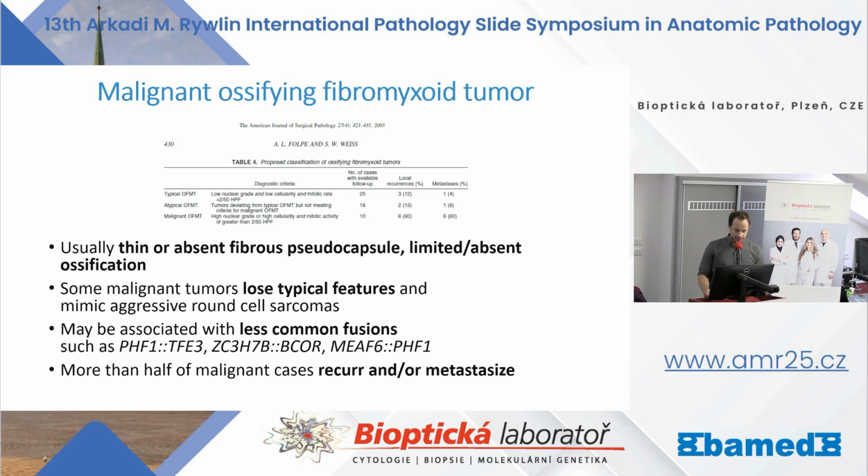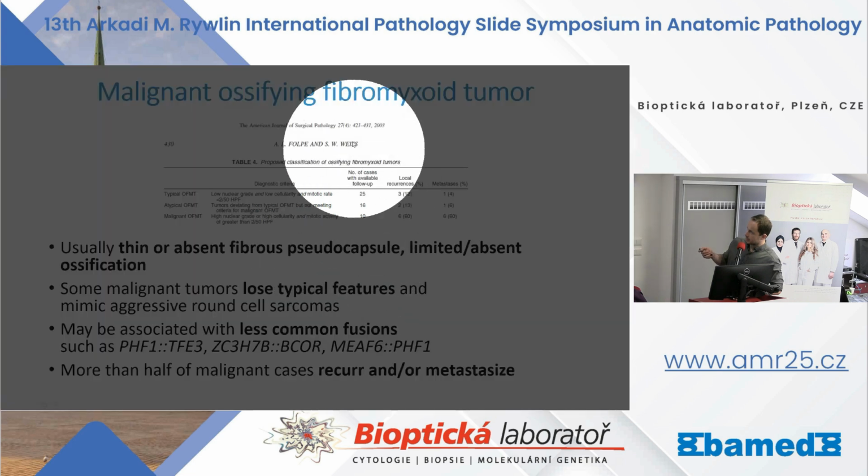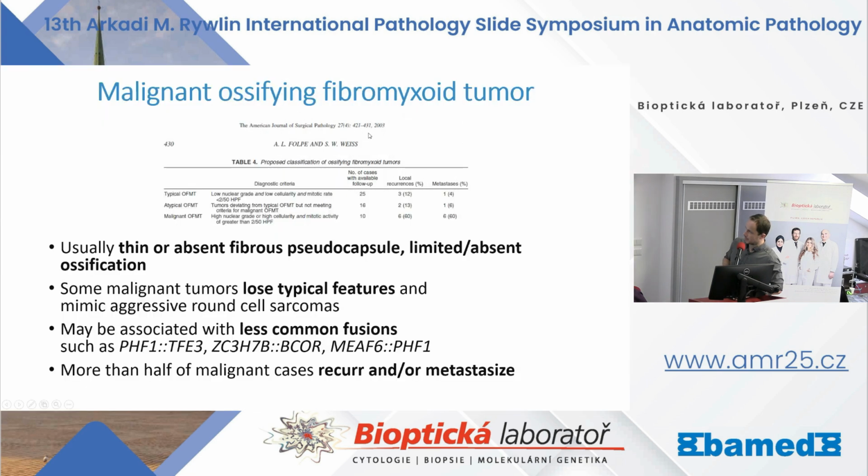So regarding malignant ossifying fibromyxoid tumor, the definition, we still use this definition from the paper by Dr. Folpe and Weiss from 2008. So typical OFMT should have low nuclear grade and low cellularity and mitotic activity that doesn't exceed 2 mitoses per 50 high power fields, which is of course not easy.